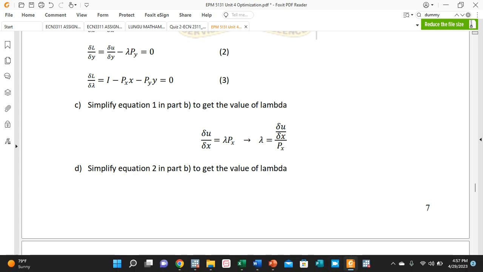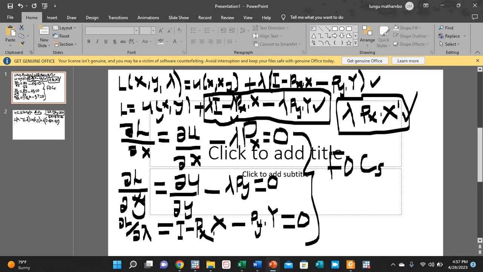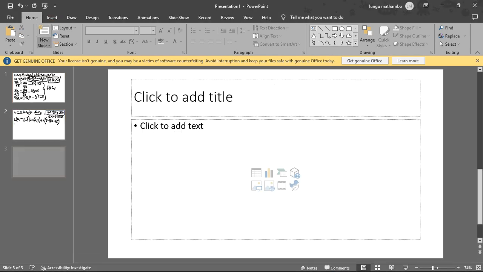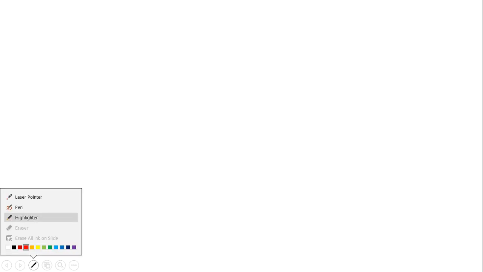Let's go back to our PowerPoint. Previously on that page we had change in L due to change in good x.